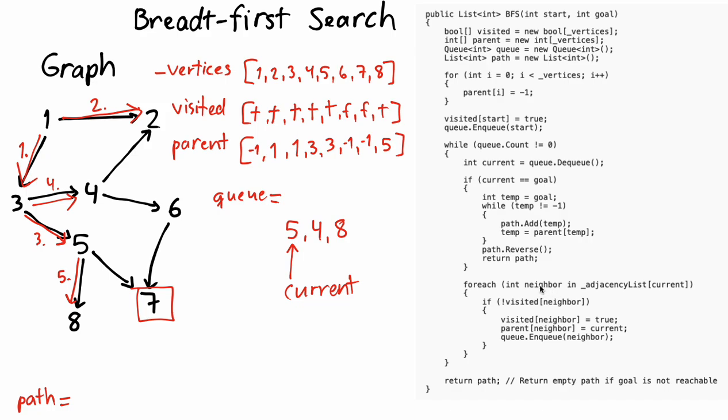Here we have the next connection, this one, sixth connection, and we haven't visited number 7. We set this one to true and this one to 5, and we add it to the GUI, so 7 here.